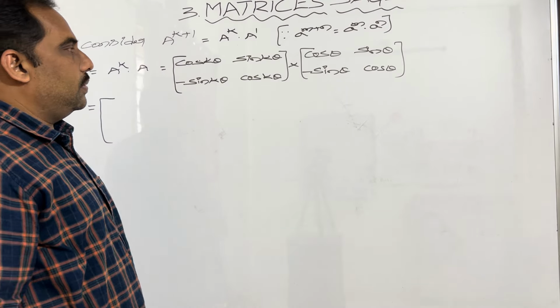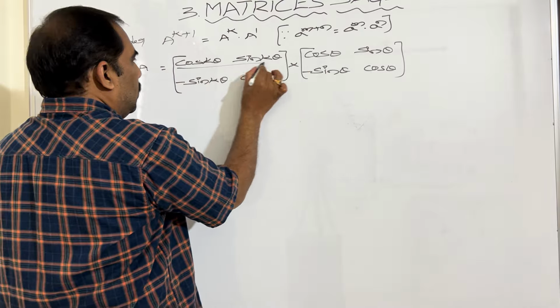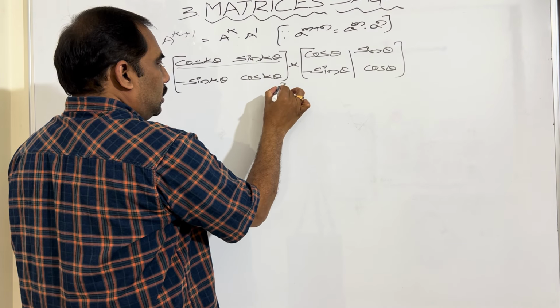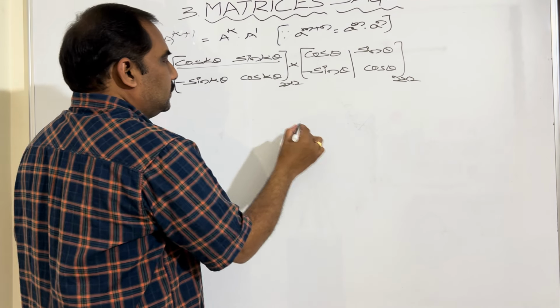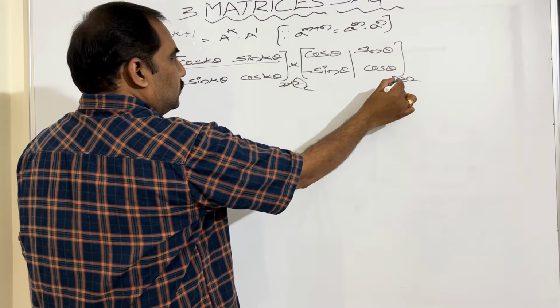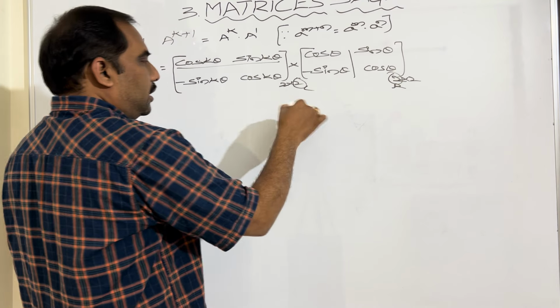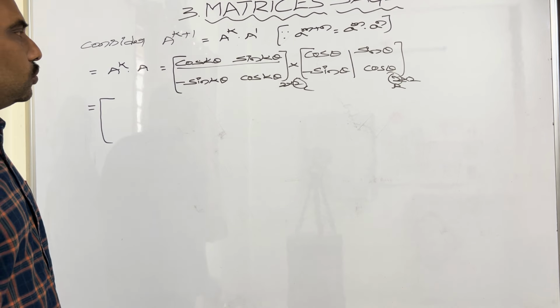Observe here, both are 2 by 2 matrices. The number of columns in the first matrix is equal to the number of rows in the second matrix, and the resultant matrix order is also 2 by 2.